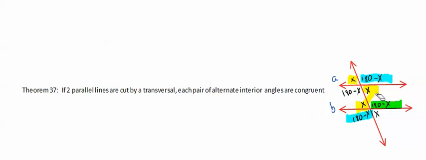Well, what if we take a look at this angle and this angle? If you add those two together, the x's would cancel out and you would get 180 degrees.